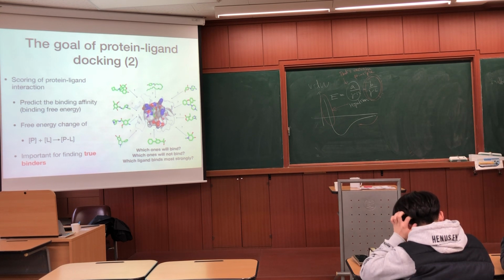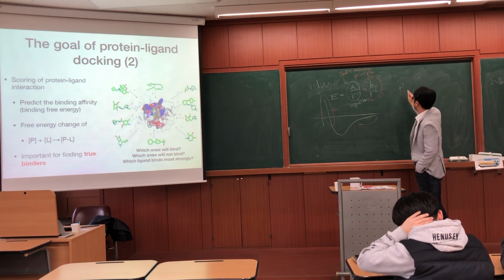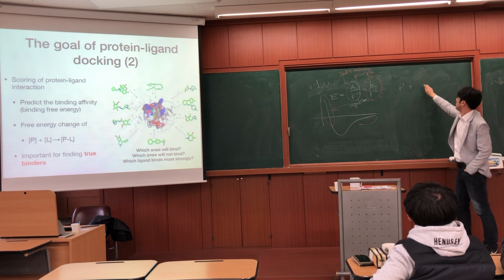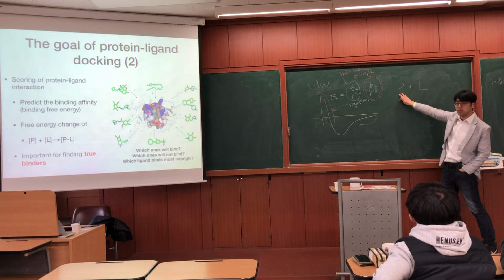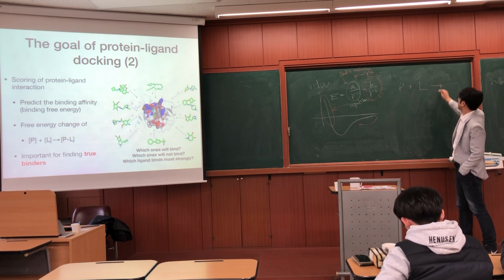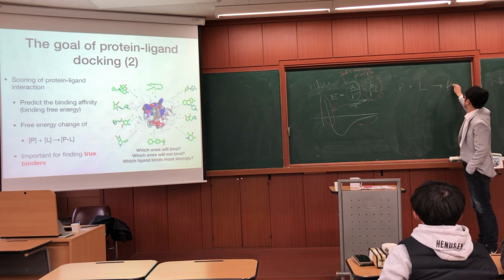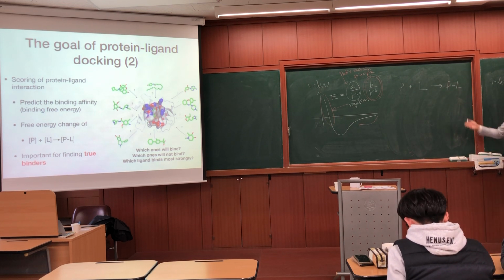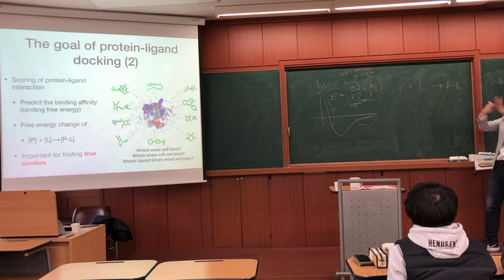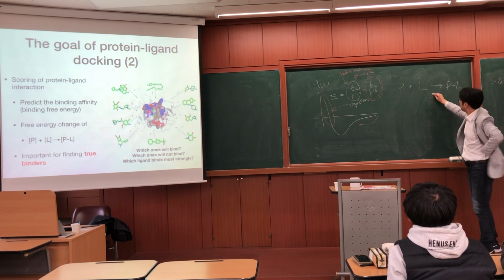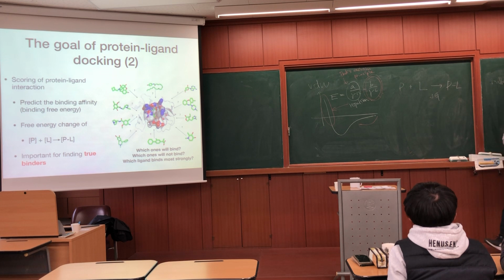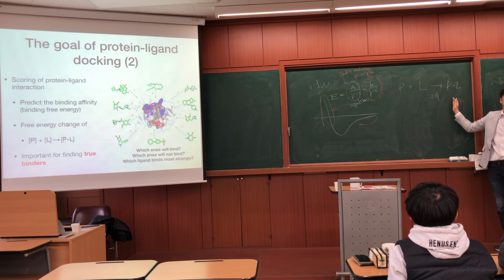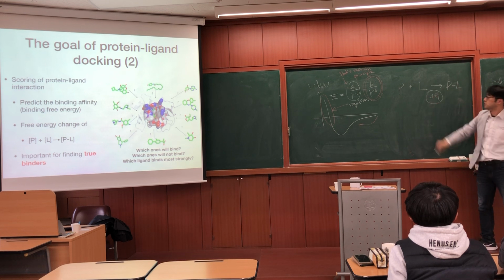So let's write a very simple chemical reaction. There's a protein and there's a ligand, and we can think about complex formation reaction. So they two are bound. Then we can think that all chemical reactions come with a free energy change, right? And what did you learn from physical chemistry class?